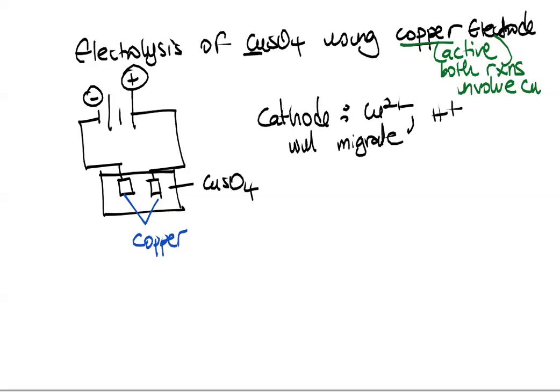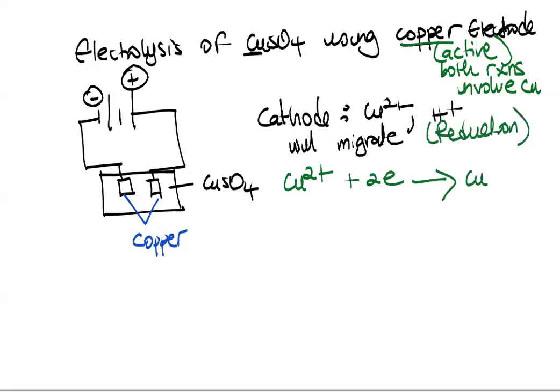It will be copper because it's active anyhow. So this takes place because reduction must take place here, and it's involving copper. So the cathode becomes coated in pink.